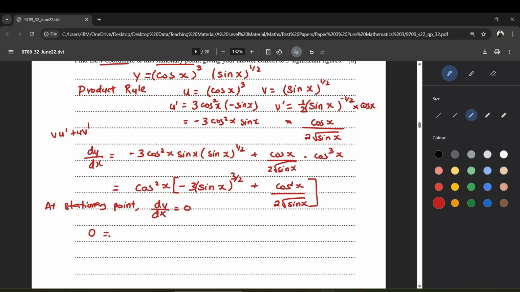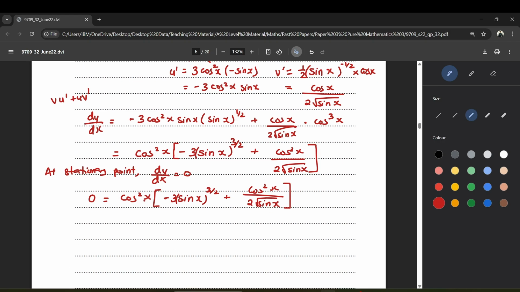So we can say that 0 equals cos squared x times minus 3 sine x to the power 3 upon 2 plus cos squared x over 2 root sine x. Now from this, once we have this in factorized form, we can generate two equations. We can say that cos squared x is equal to 0, or we can say that this entire expression is equal to 0.